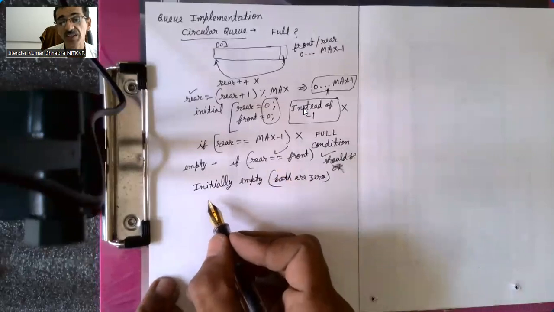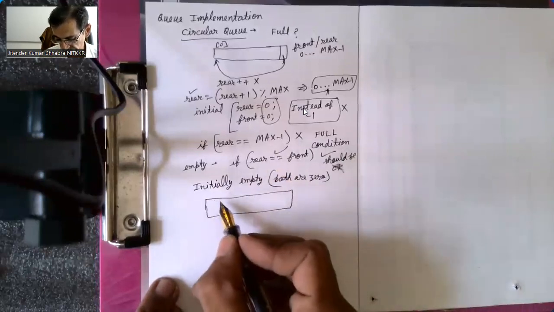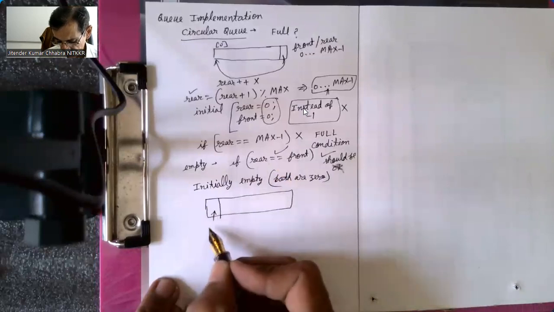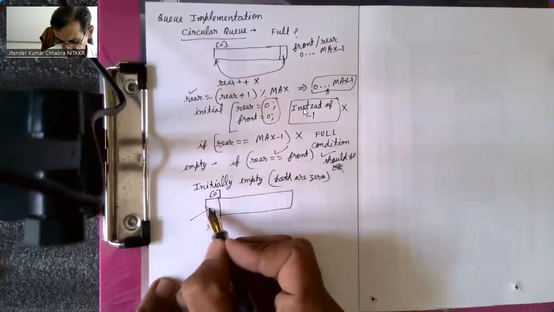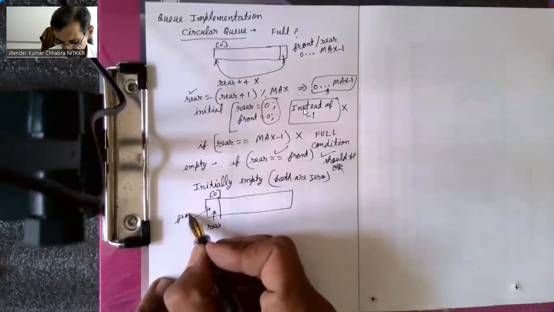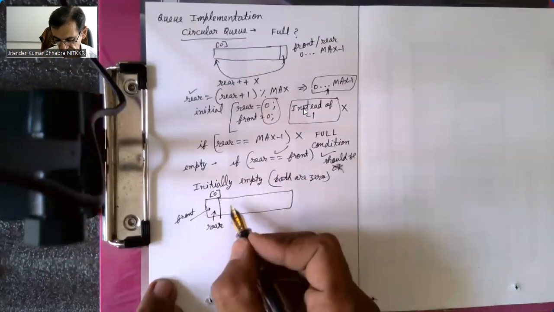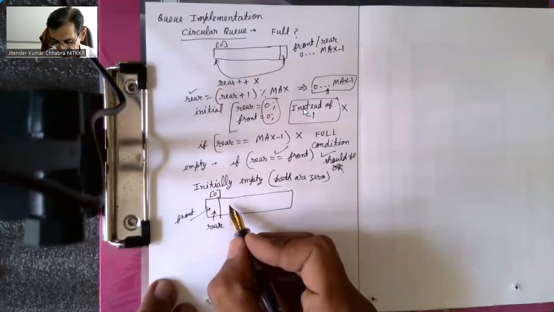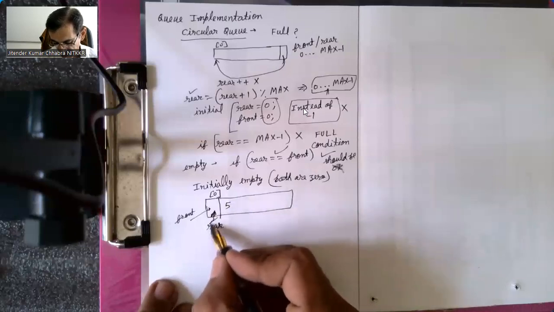Let's take a situation where we insert some data. Let's say rear was at the 0th location and front is also there. Say the first time you insert something, normal insertion means rear is incremented. So let's say you store 5 here and rear changes to this.